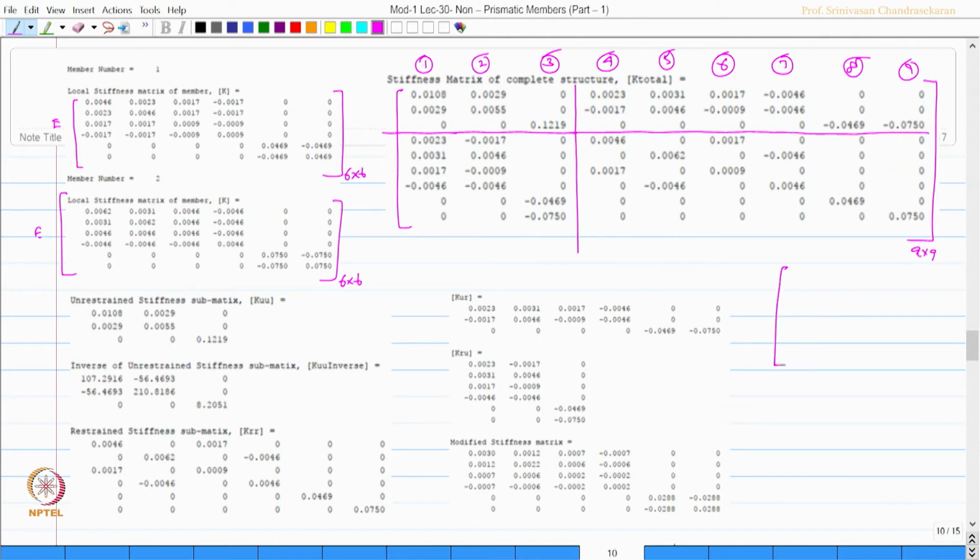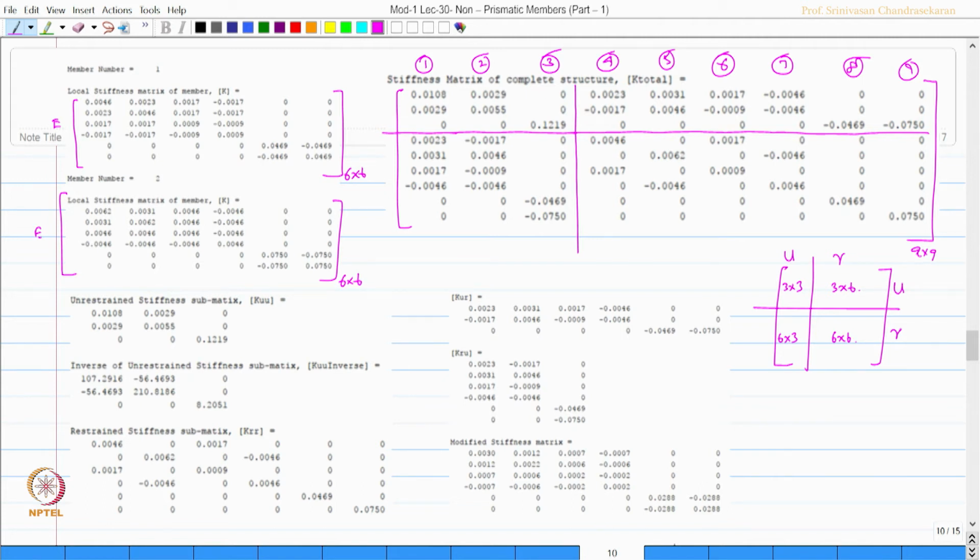So, if we compare this matrix with the partition, this is unrestrained, restrained, unrestrained, restrained, this is 3 by 3, and this is going to be 3 rows and 6 columns. This is going to be 6 rows and 3 columns, and this is going to be 6 by 6, 6 rows and 6 columns.